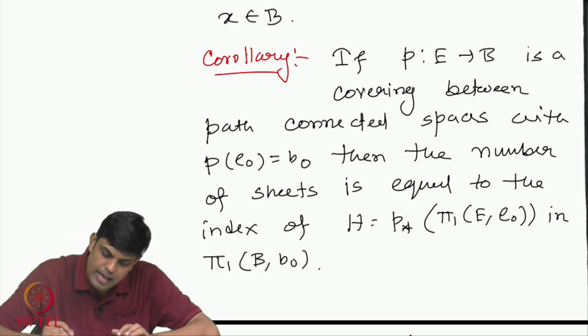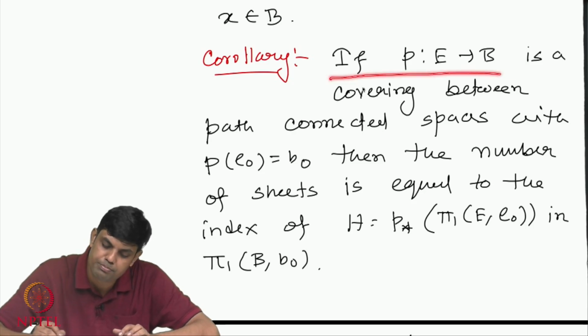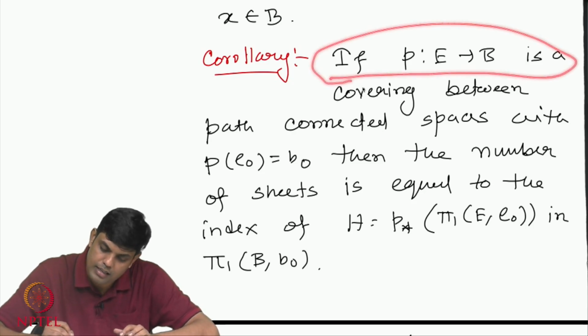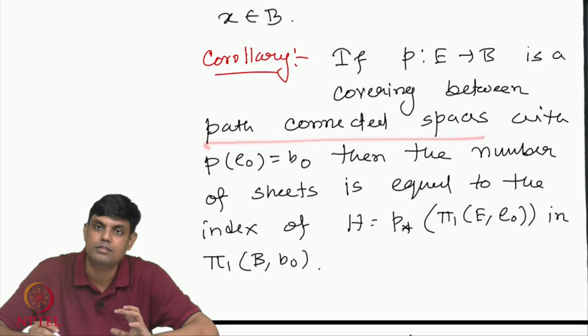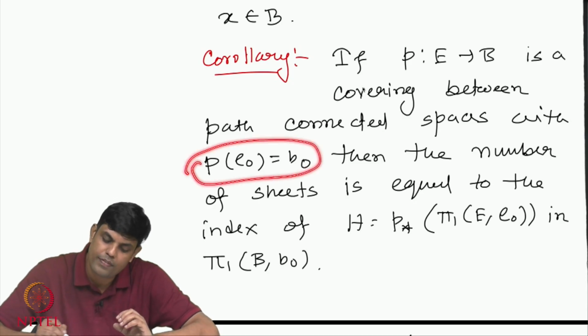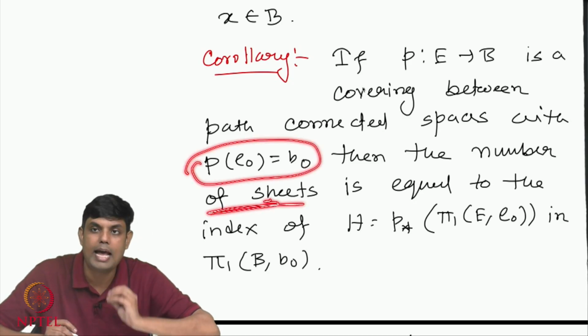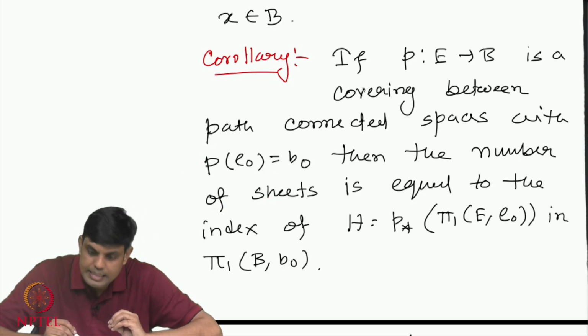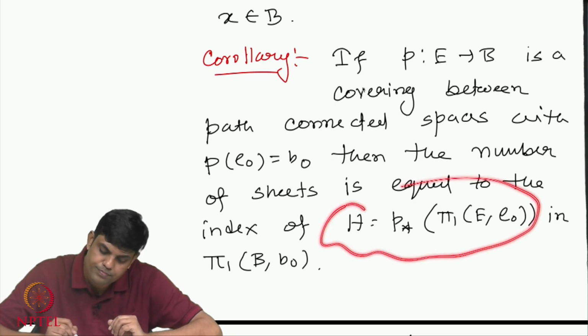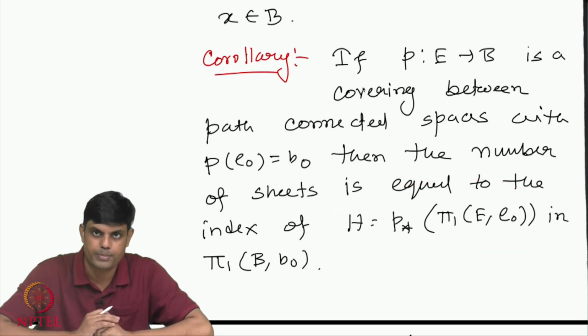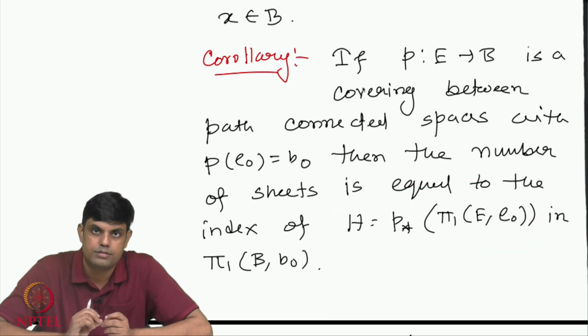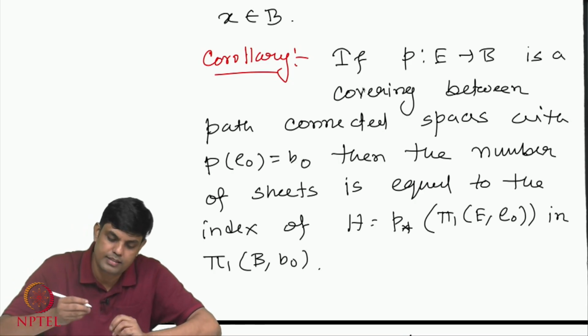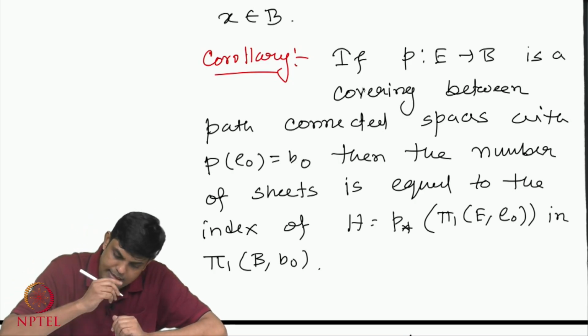So I have the following statement: if P from E to B is a covering between path connected spaces with P of E0 going to B0, then the number of sheets is equal to the index of the subgroup H.